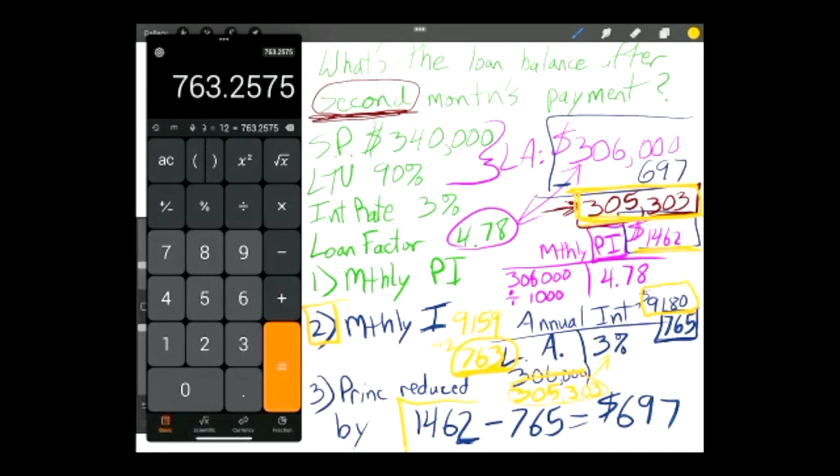So we paid the same payment of $1,462. We just, instead of $697 paid down on the principal, this time it was $699. So now we subtract this $699 from that 305,303. So our new loan balance after the second month's payment is 304,604.